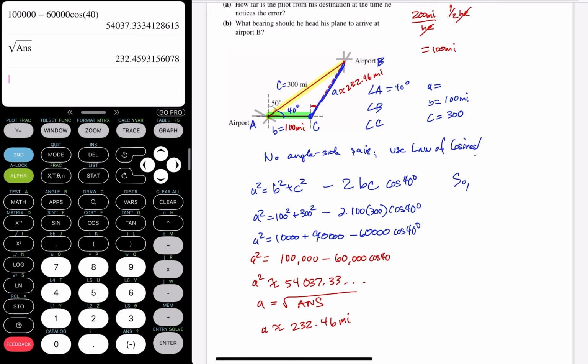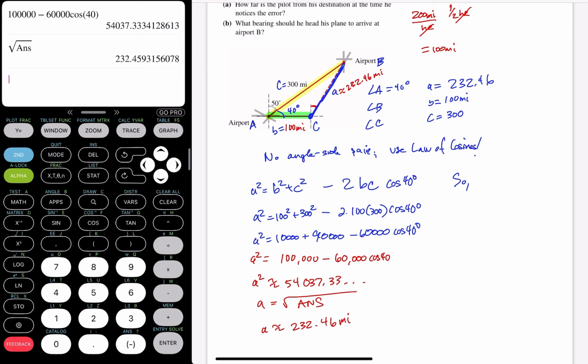Okay, so I just found out that A is 232.46, but now I want to know angle C. So to find angle C, I think I can use the law of cosines again.